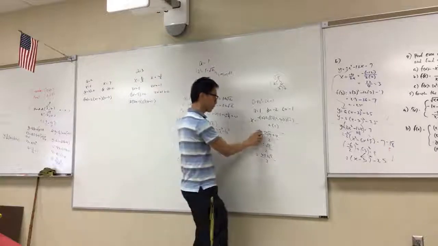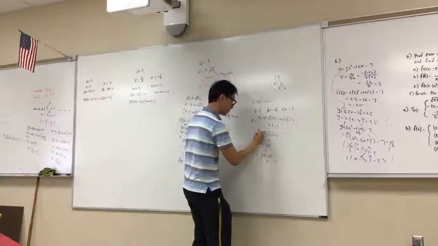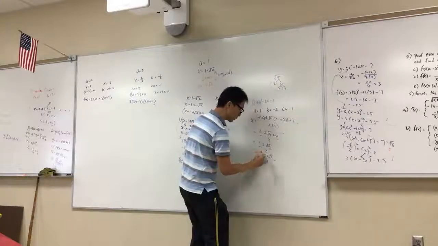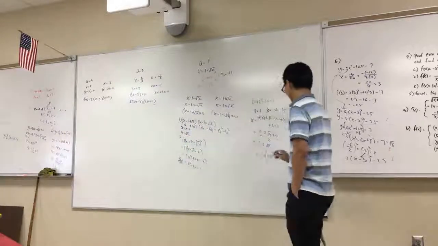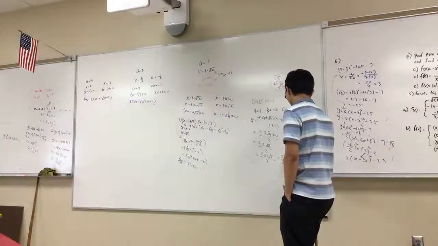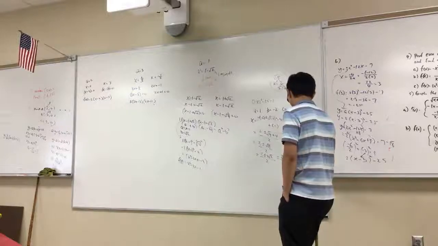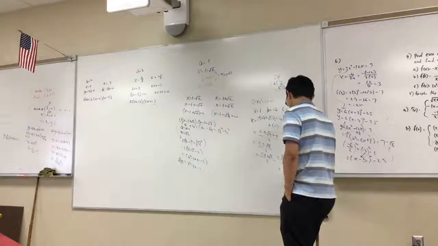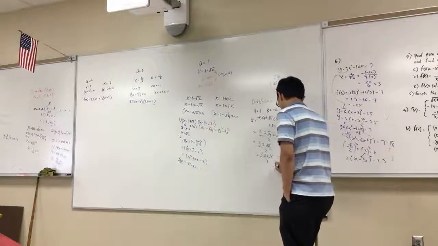Oh no, this is 2, I'm sorry, I don't know why they changed it to 4. So this is a 2. Am I going too fast? Now I'm splitting: 2 over 2 plus or minus 2 square root 2 over 2. That's equal to 1 plus or minus the square root of 2.